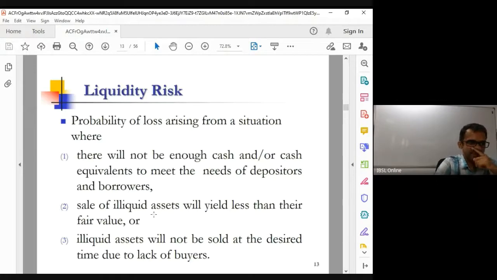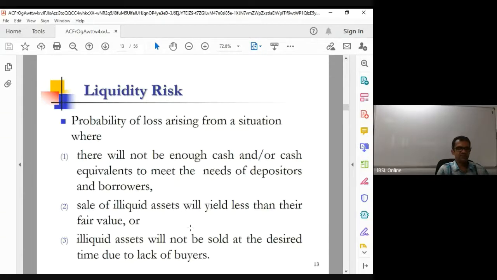Then the other thing is, sale of illiquid assets will yield less than their fair value. So we may have a lot of illiquid assets like lands or buildings, something like that. But to generate funds, you may have to sell it very quickly. That means you may have to sell it below the market value or the fair value.